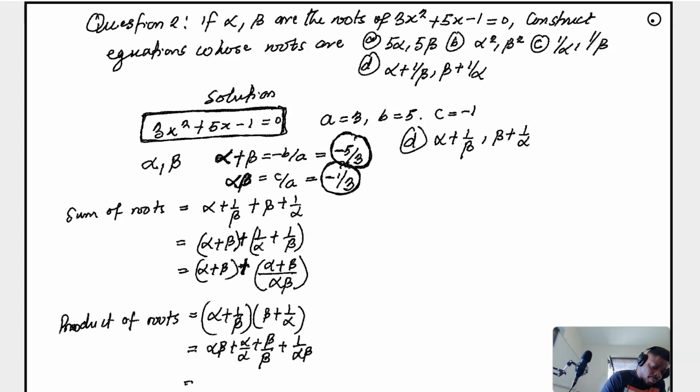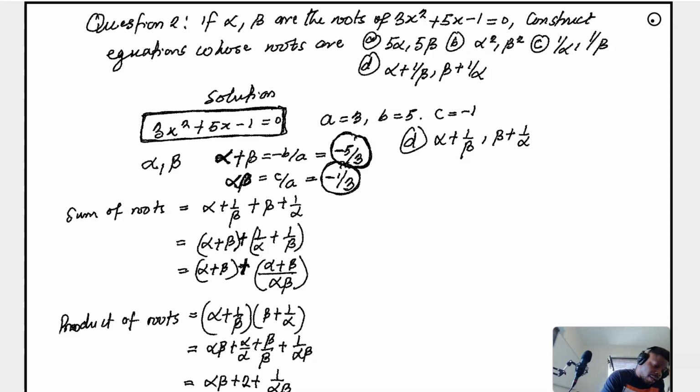So this one is alpha beta, plus alpha cancels alpha, beta cancels beta, so that is 1 and 1, which is 2, plus 1 over alpha beta. So that is the product.